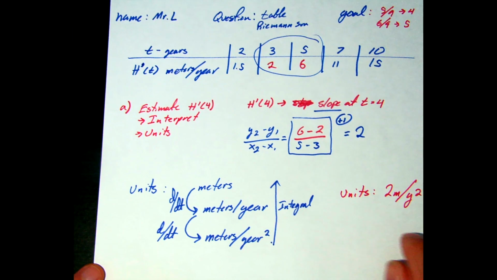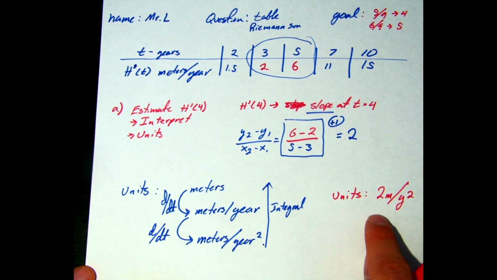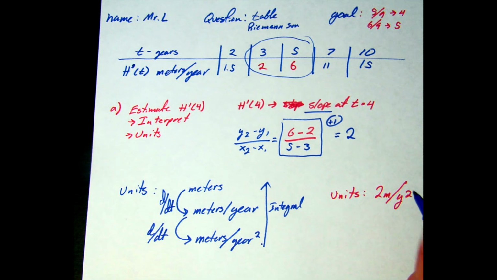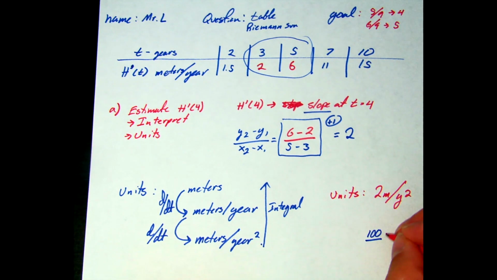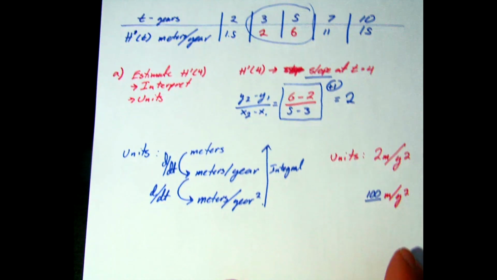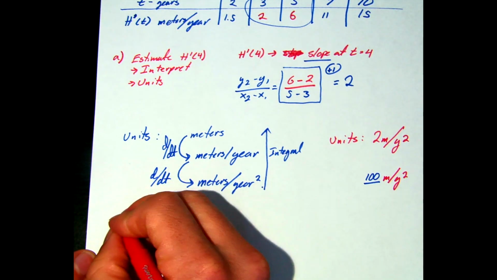Now, a pro tip on the AP exam, if they're ever asking for units and you're not sure, you can just guess on the number. Like if I had put 100, which is totally wrong, meters per year squared, which is right, I still would be eligible for the second point, even if I messed up this. Pro tip.